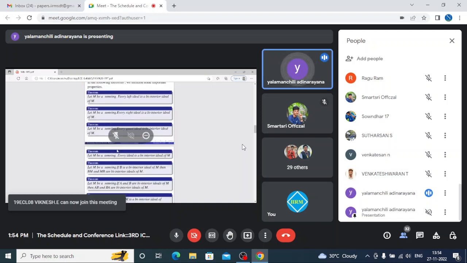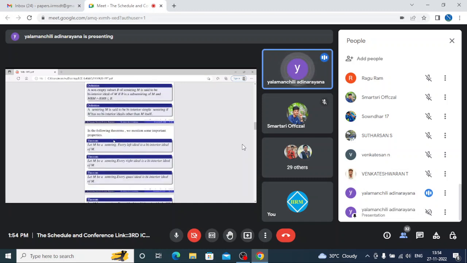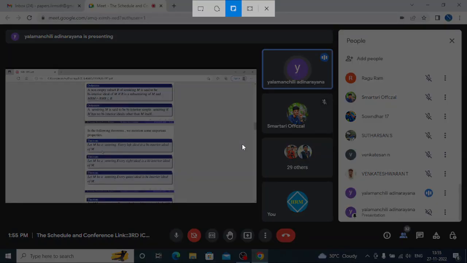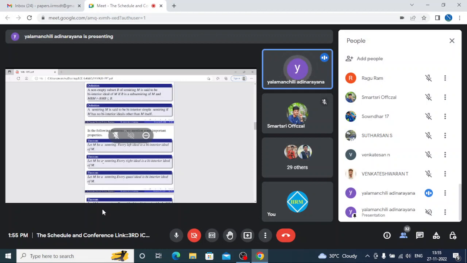The main theorems, we have only statements here, sir. In the full paper, we derive the theorem statements and proofs, sir. The first one is: let M be a semi-ring. Every left ideal is a bi-interior ideal of M, and similarly every right ideal is a bi-interior ideal of M, sir.